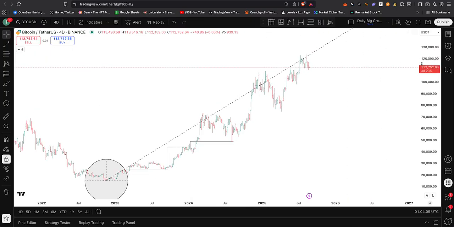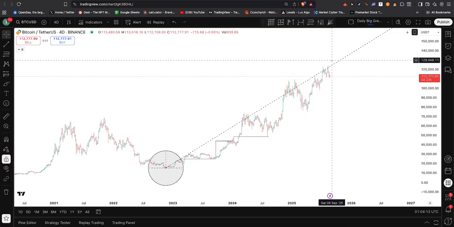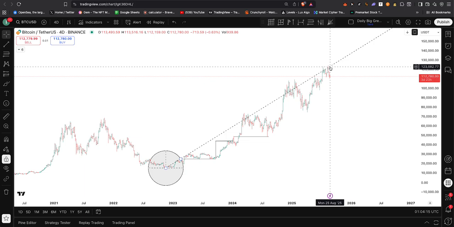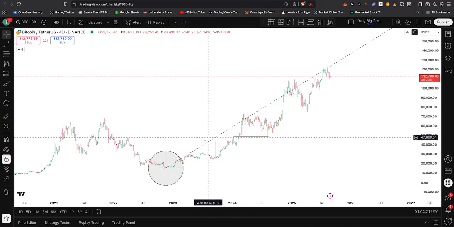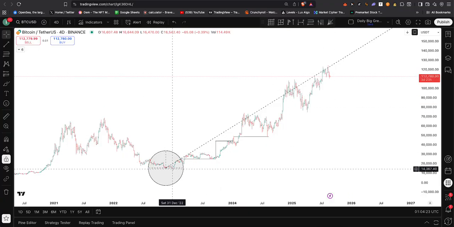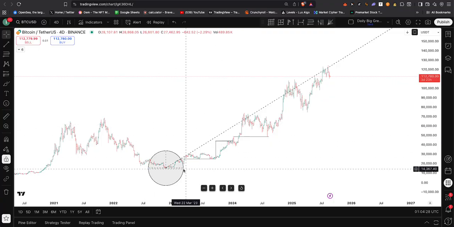Bitcoin's found resistance here pretty consistently this cycle. Okay. It's really interesting how it's found resistance at this level, going from the bear market low. And then you can also pull time targets too.